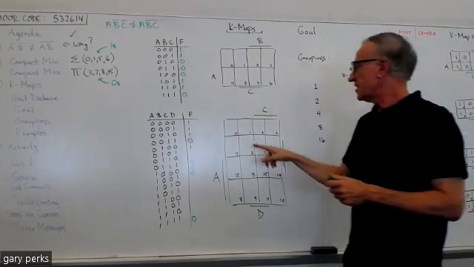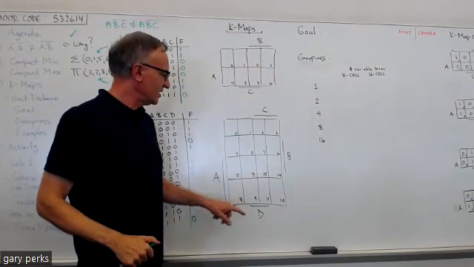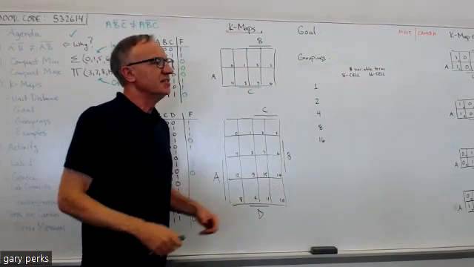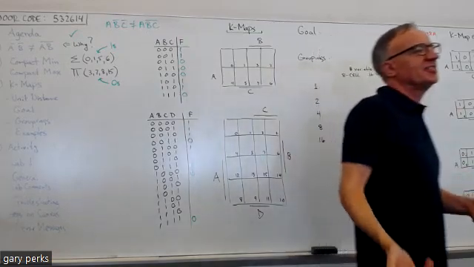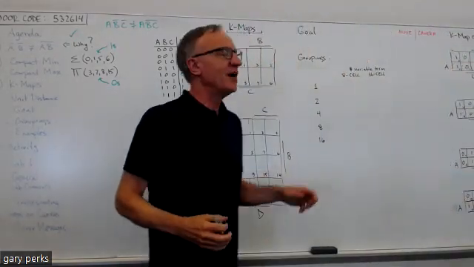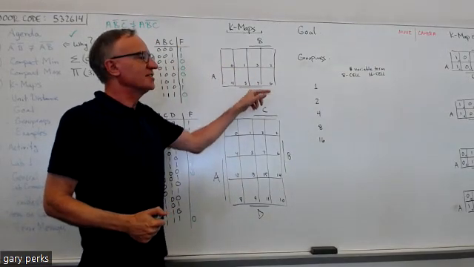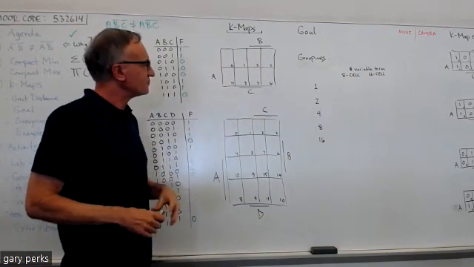Down here for the 16-cell, the first 2 rows are the same as the 8-cell. Then it goes 12, 13, 15, 14, and 8, 9, 11, 10. Naturally, usually the first question somebody has about K-maps is why aren't these in order? Why isn't it numbered 0, 1, 2, 3, 4, 5, 6, 7? Why is this switched over?